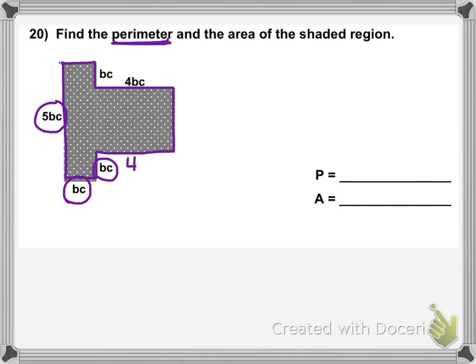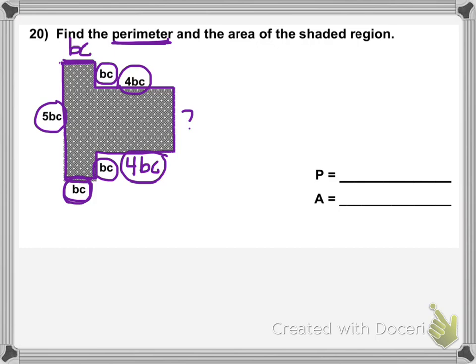Down here also, they should have the same length. So 4BC and then this 4BC. I'll come back to this side in a minute. This other short side up top is BC, and this side up here is going to have the same length as this BC down here. So this will also be BC.